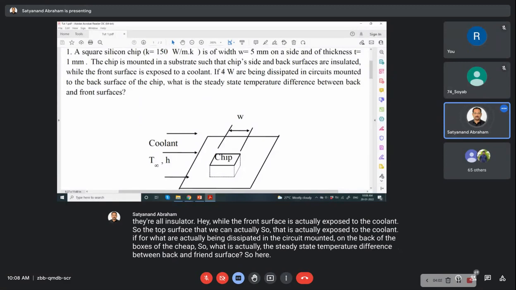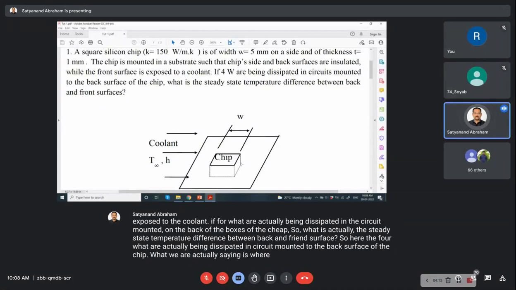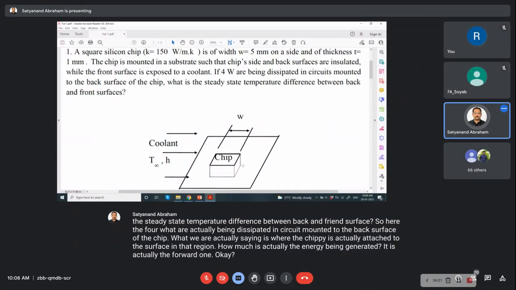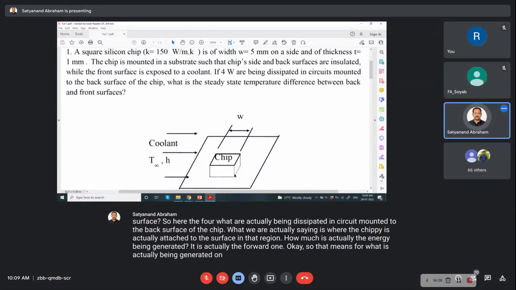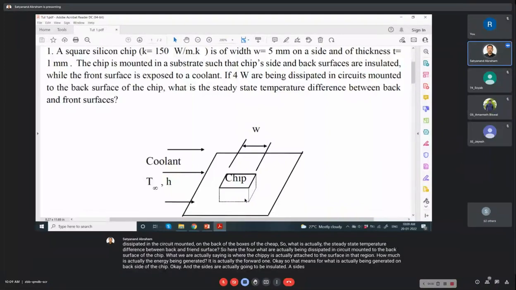Here 4 watts are being dissipated in the circuit mounted to the back surface of the chip. What we are saying is, where the chip is attached to the substrate, in that region, the energy being generated is 4 watts. So 4 watts is being generated on the backside of the chip, and the sides are insulated.